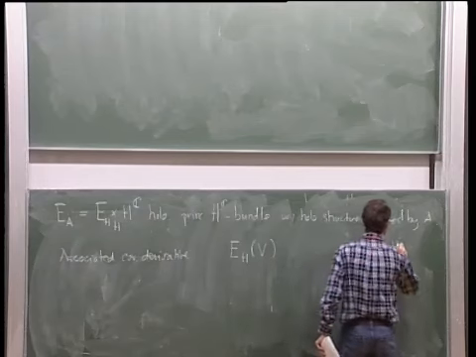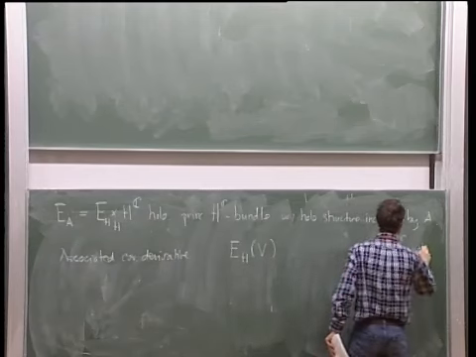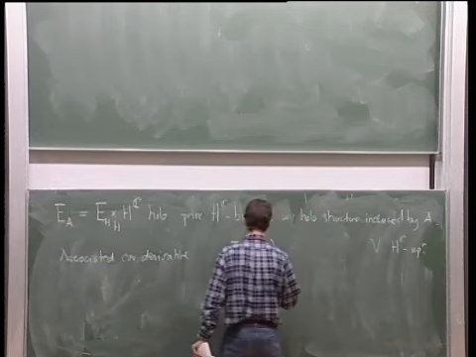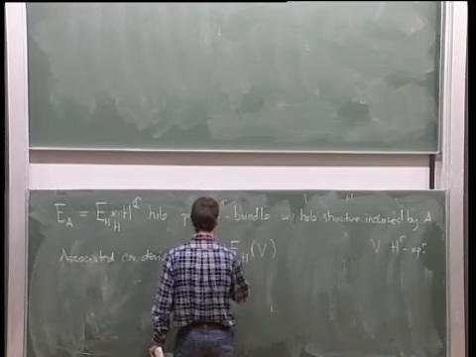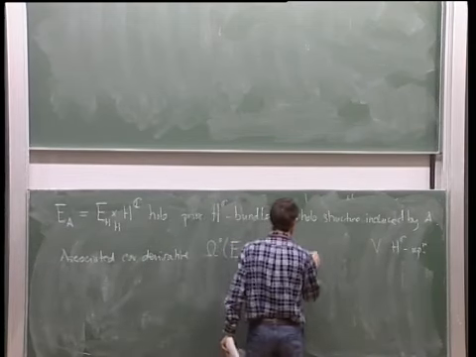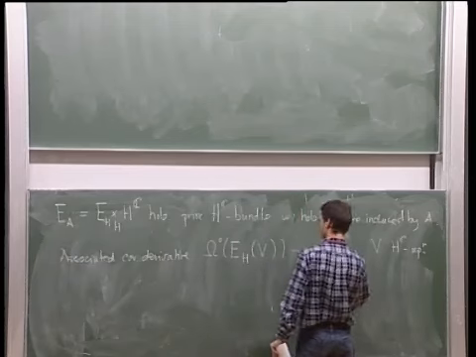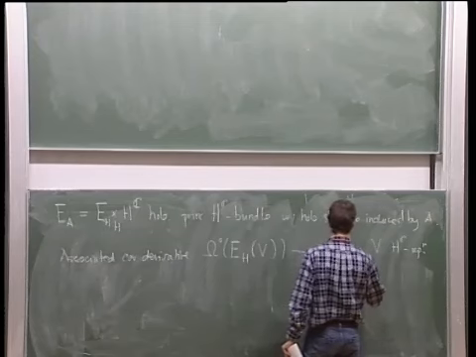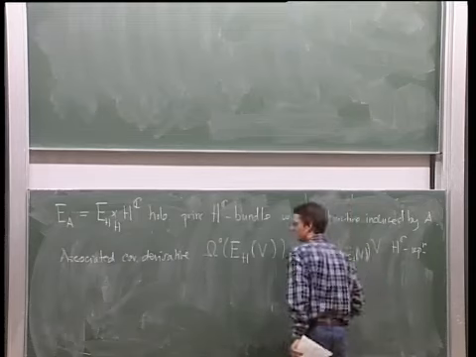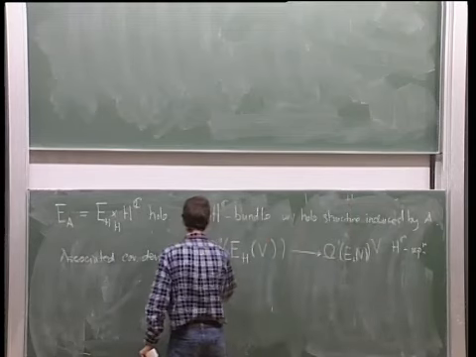So V is some H^C representation. Then we have an associated, for now, just vector bundle. And we can, to A, associate a covariant derivative. So let's call that d_A.